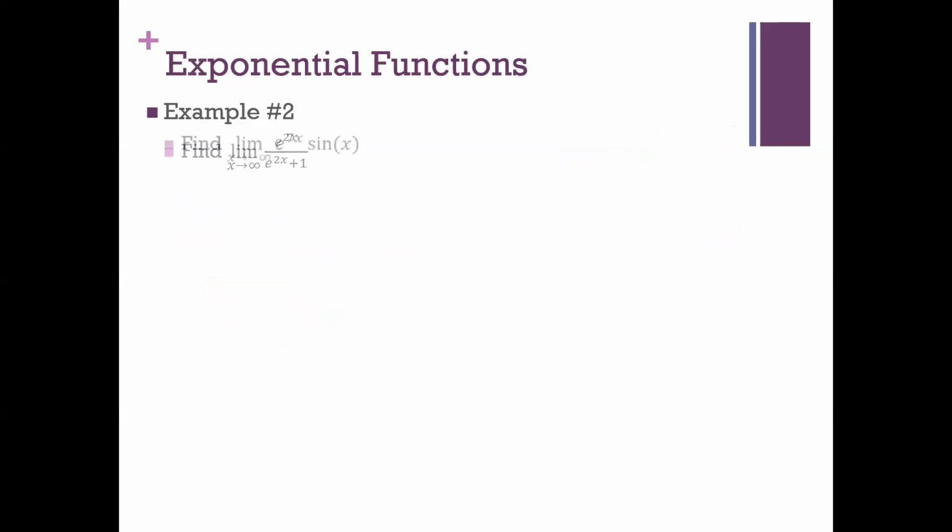All right. How about this thing? The limit of e to the 7x sine x as x goes to negative infinity. What's going to happen here?